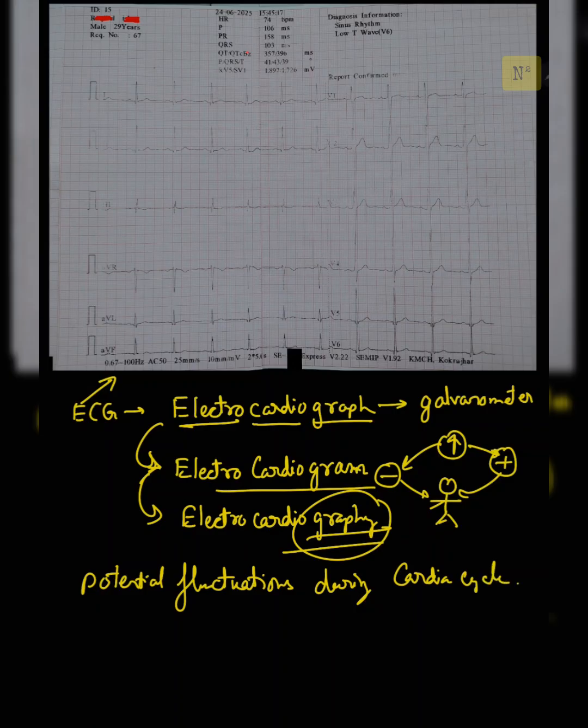So we record those potential fluctuations in the form of electrical activity of the heart, and the graphical depiction is called the electrocardiograph. The machine that we use is called the electrocardiogram.